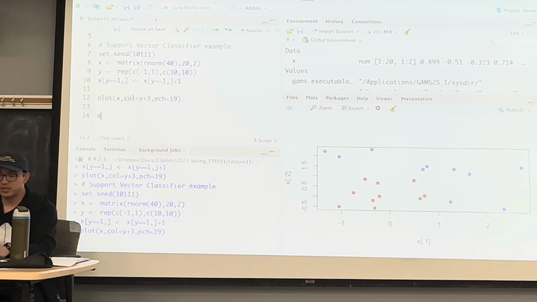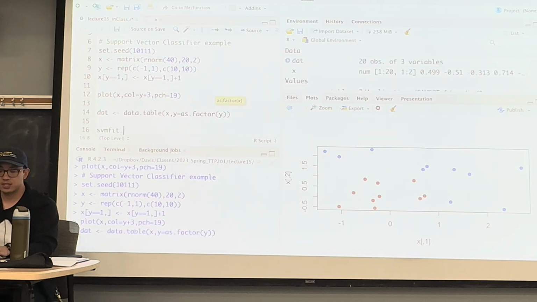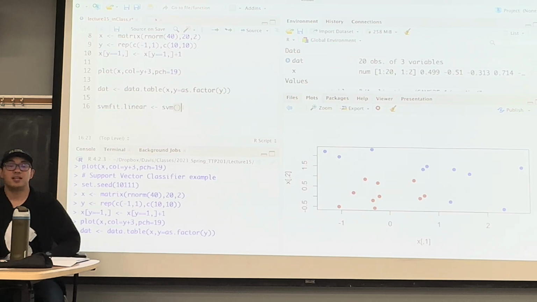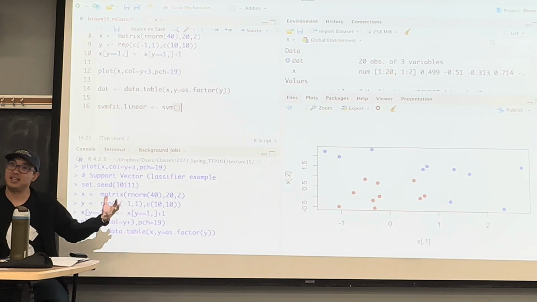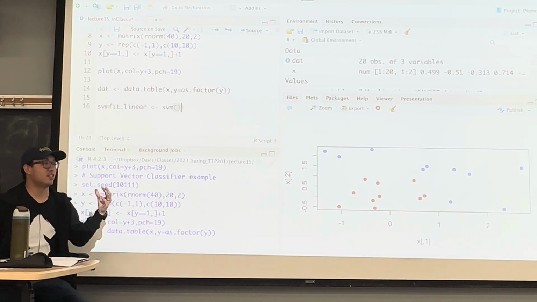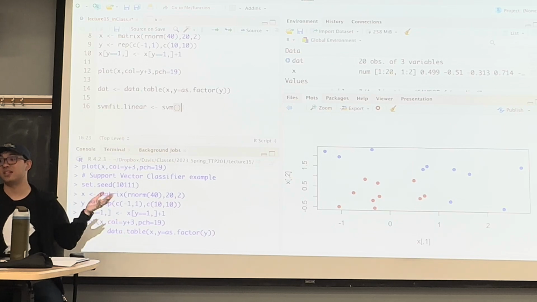Okay, so we're just going to put this into a data table: x, y equals x, dot, factor y. And we are going to run a support vector classifier. SVM is a generalization of the SVC. The support vector classifier is an SVM using a linear kernel.